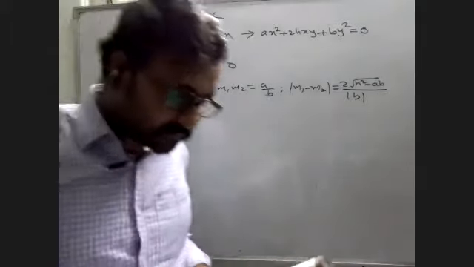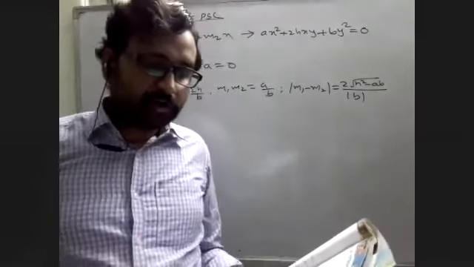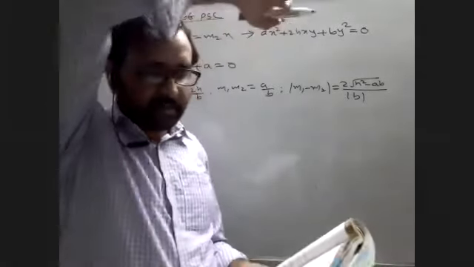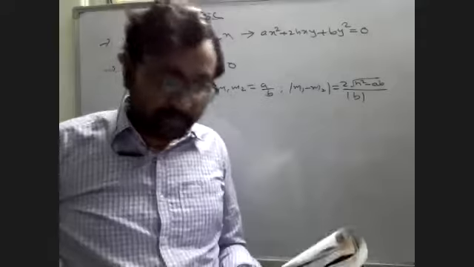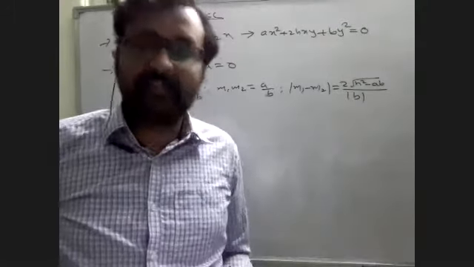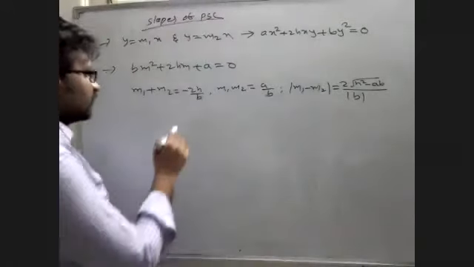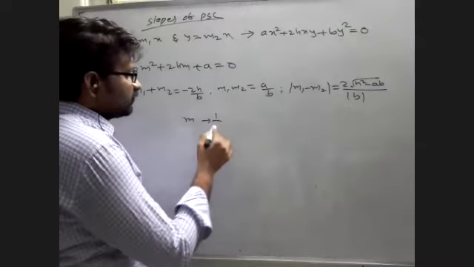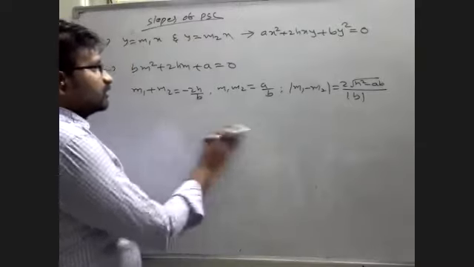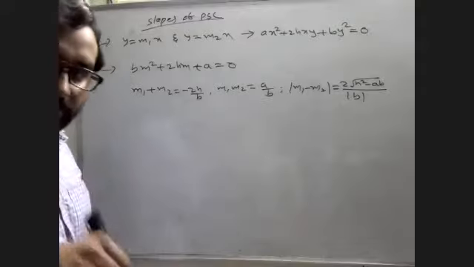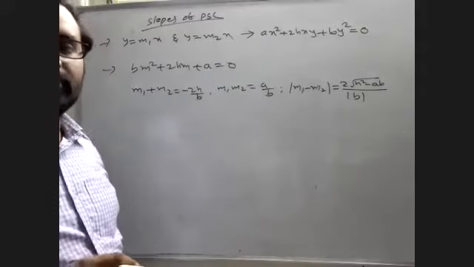And one more. The slopes of the straight lines represented by this pair of lines may be reciprocal to each other. See, if m is a slope, then the reciprocal is what? 1 by m. So, how many slopes we have for a pair of lines? Two slopes.